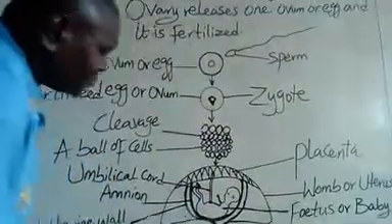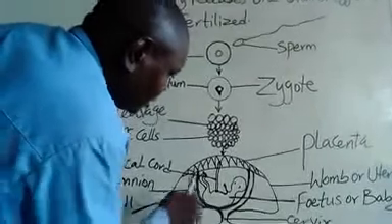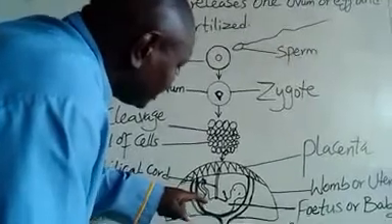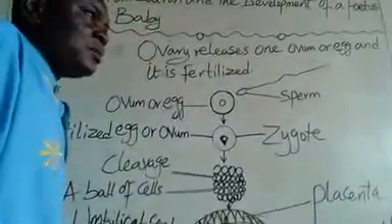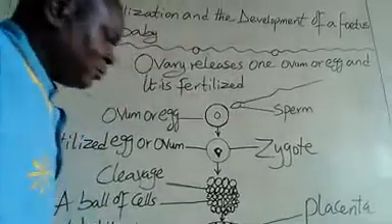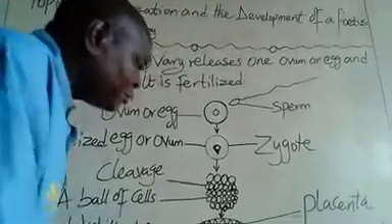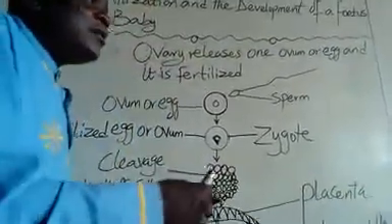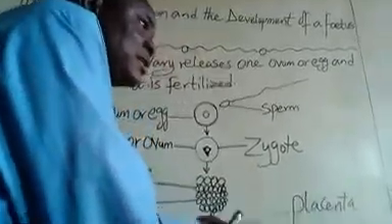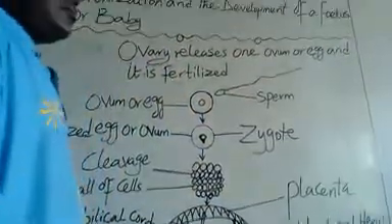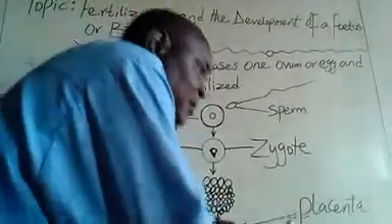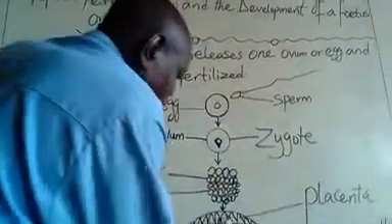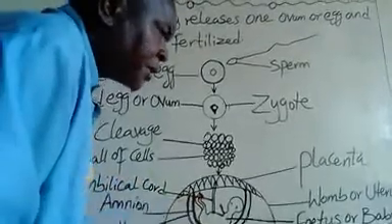As you can see, umbilical cord is very useful to the baby. Umbilical cord is a narrow tube where the baby obtains its nutrients. The baby obtains oxygen and food via the umbilical cord.